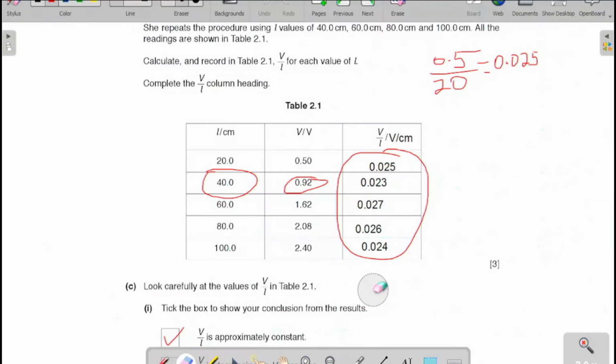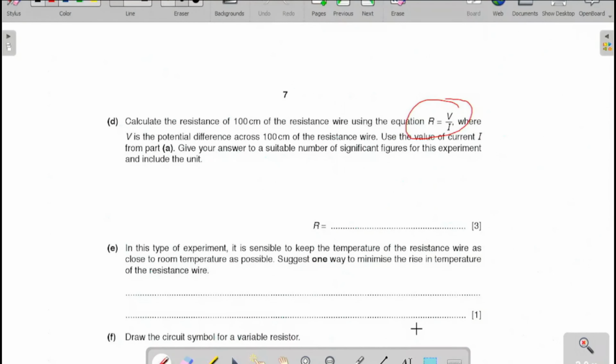Now we are talking about a 100 cm length of the wire. Calculate the resistance of 100 cm of the resistance wire. What was the voltage we got for 100 cm? We got 2.4. So our voltage is 2.4, divided by 0.47.